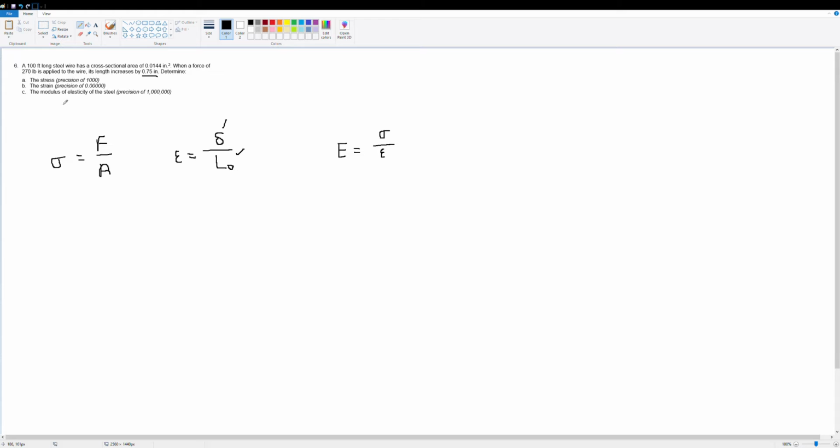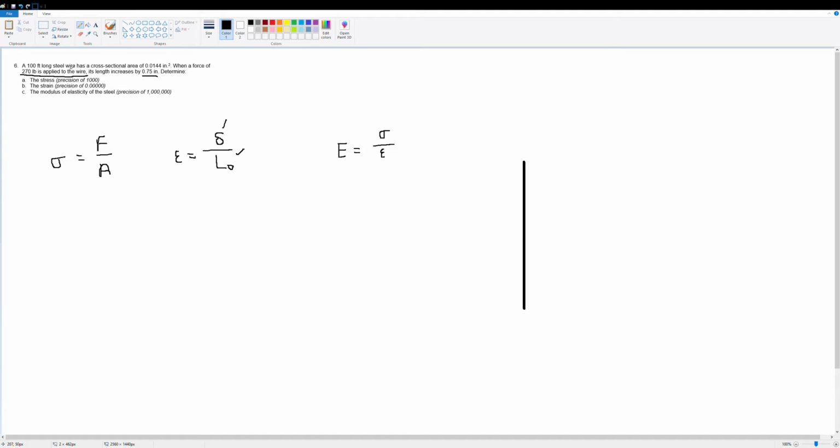So stress is force over area. Okay, so 270 pounds is applied to the wire. So let me draw this out. I have a wire, drawn over here on the right. Okay, so I have this wire, and a force is applied to the wire.